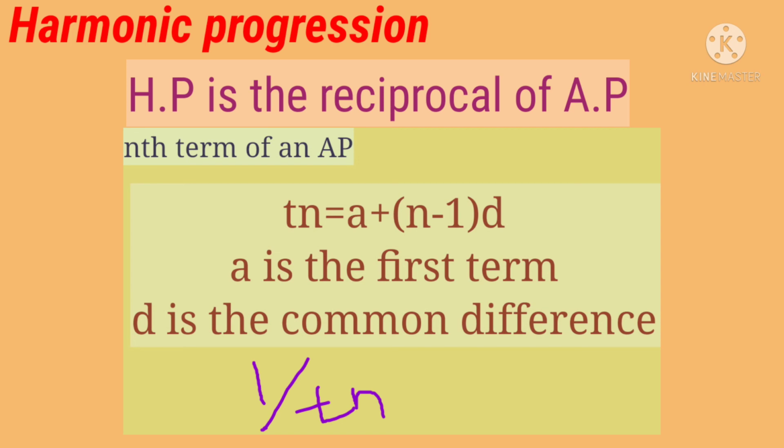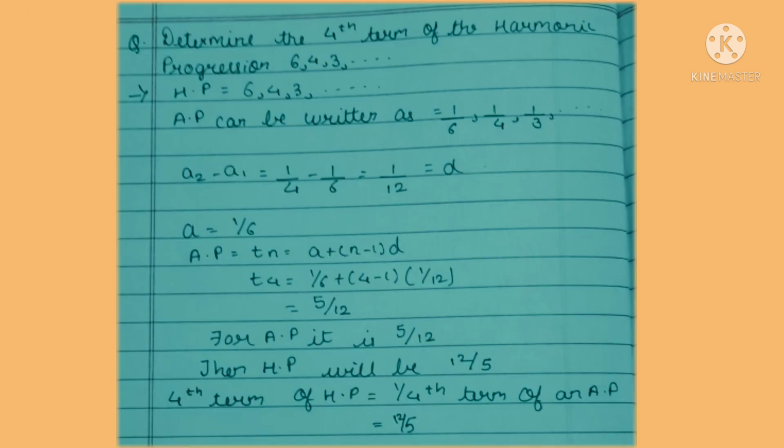We'll take one example so that the concept will be even clearer. The question is: determine the fourth term of the harmonic progression 6, 4, 3, and so on. First we need to prove whether it's an AP or not, then only we can say it's an HP.